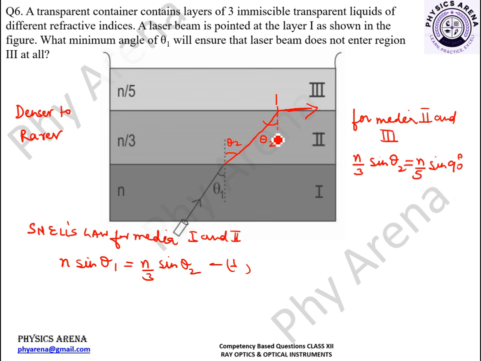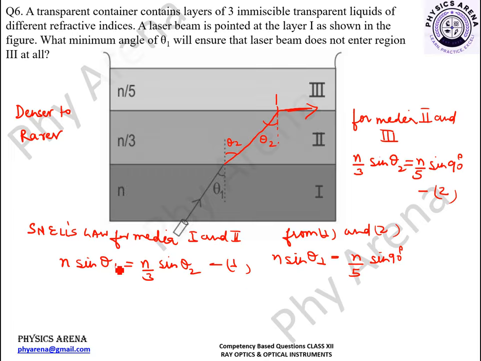Here the angle of incidence is theta 2 and the angle of refraction is 90, because we want that the ray should not enter media 3. So from equations 1 and 2, n sine theta 1 is equal to n by 5 sine 90.